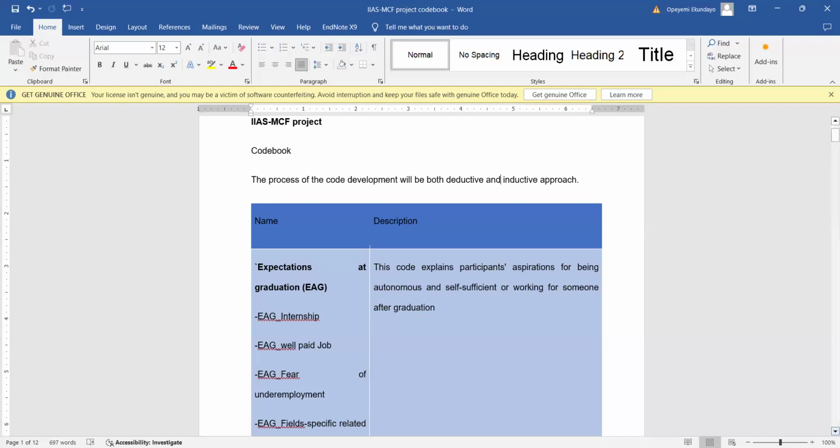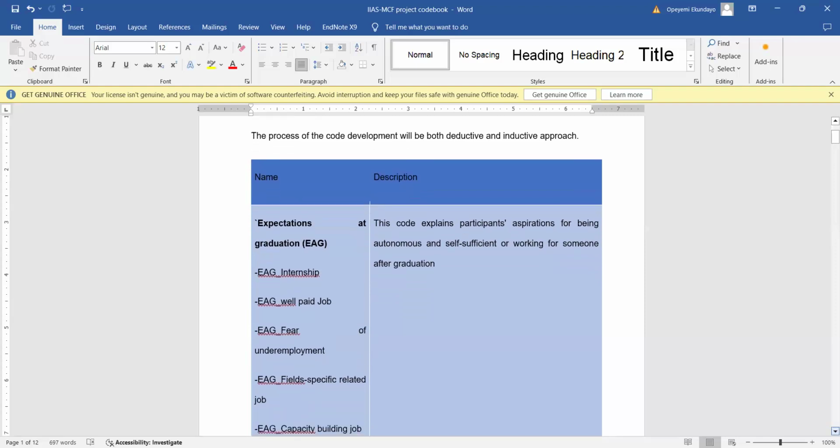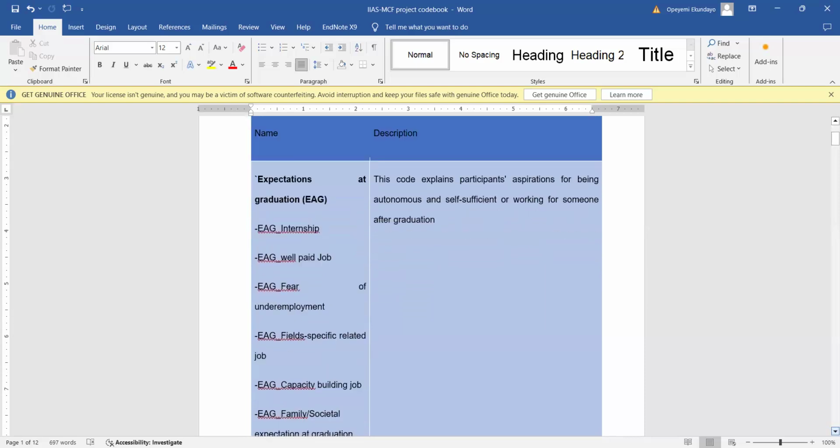Now, having read through the 95 transcripts and the preconceived themes, we had these themes. So we had expectation at graduation. Don't mind this, it didn't follow the format of the questioning; we arranged it alphabetically.